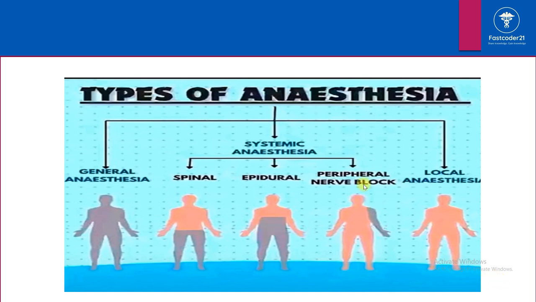Next we have peripheral nerve block, usually called PNB in the operative report. It acts on only a certain area. For example, in the arm, the peripheral nerve block stops pain from the arm to the brain.